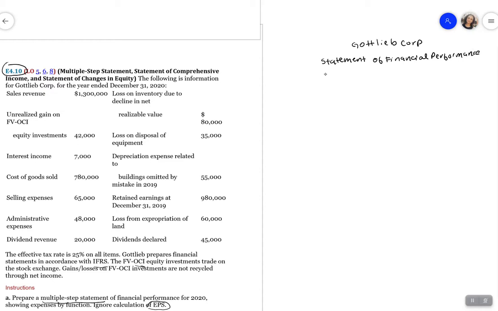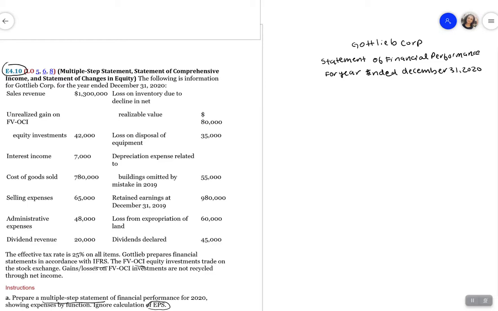And when? For the year ended December 31st. When we are asked to prepare a multi-step income statement, we are going to have a heading. If there's more than one sales, we need to have a heading.